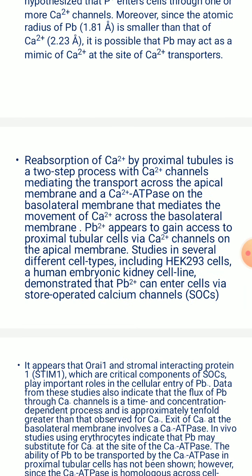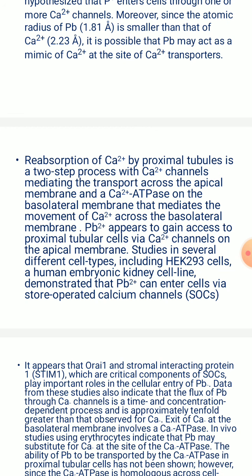It happens as a two-step process, with calcium channels mediating the transport of calcium ions across the apical membrane, as well as a calcium ATPase on the basolateral membrane, which mediates the movement of calcium ions across the basolateral membrane. And lead appears to gain access to the proximal tubular cells via the Ca2+ channels, that is calcium channels, on the apical membrane.